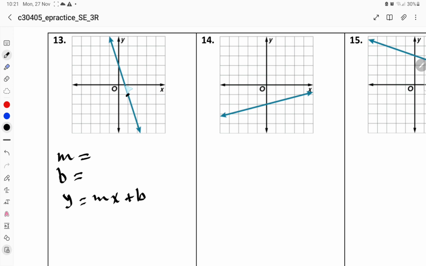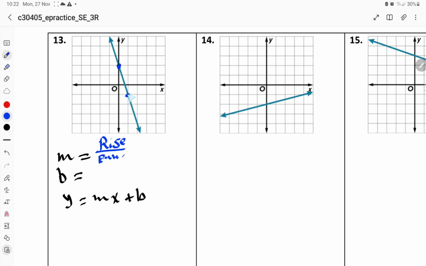Is this clear point? No, it is clear on the y, but on x it's not clear. So another clear point, here it is. So now I have 2 points. Here they are. I want to get the slope, which is rise over run. I will start from here.